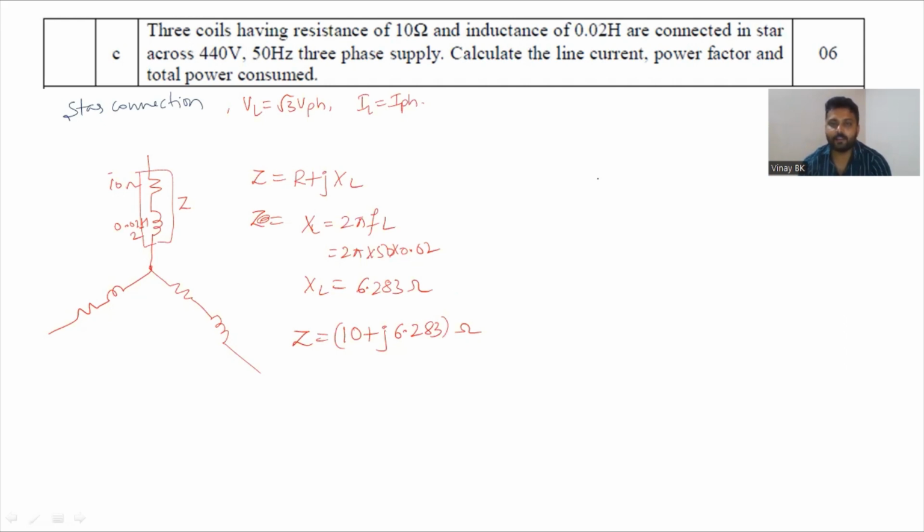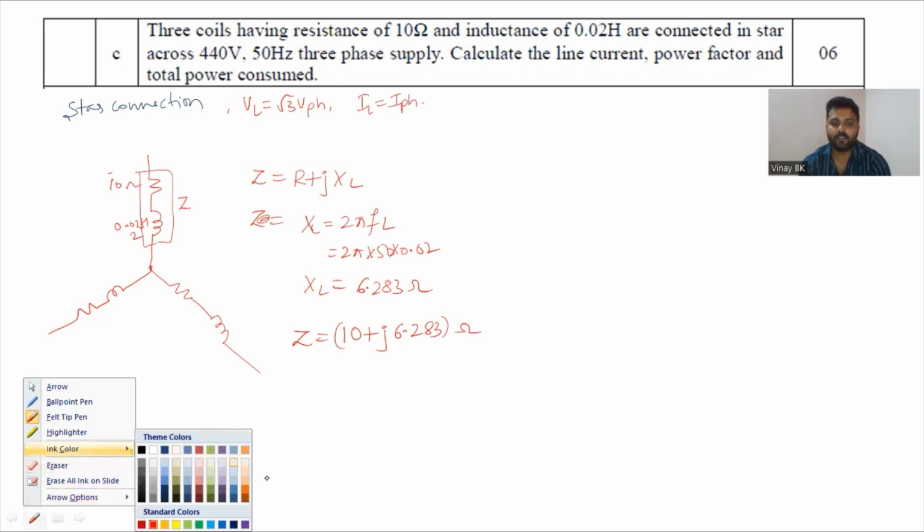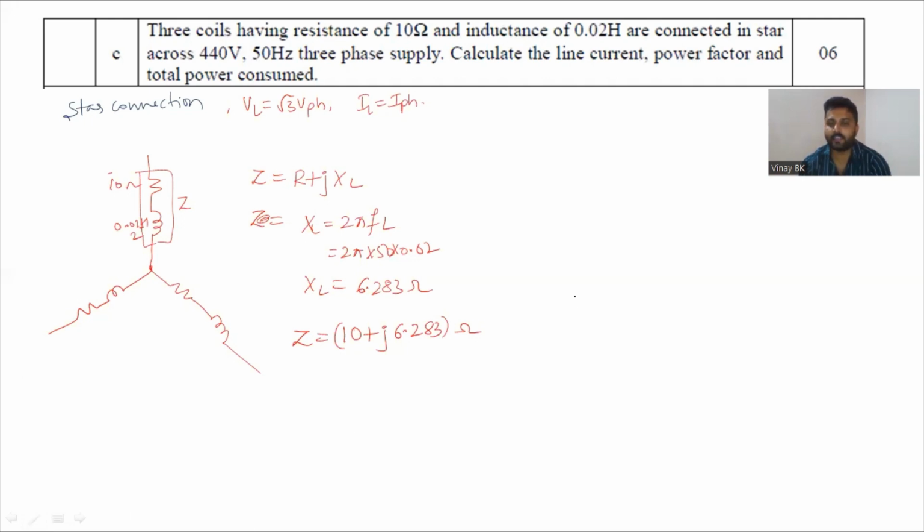To find the line current, they have given the value of voltage V. If they have not mentioned anything, it means they have always given the value of line voltage. VL is 440 volts.